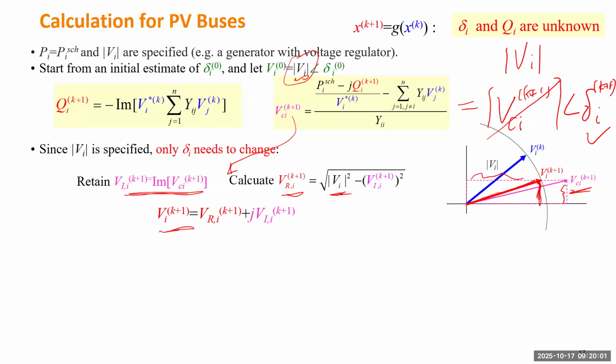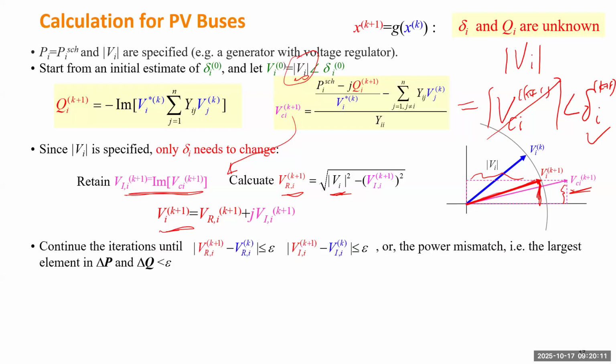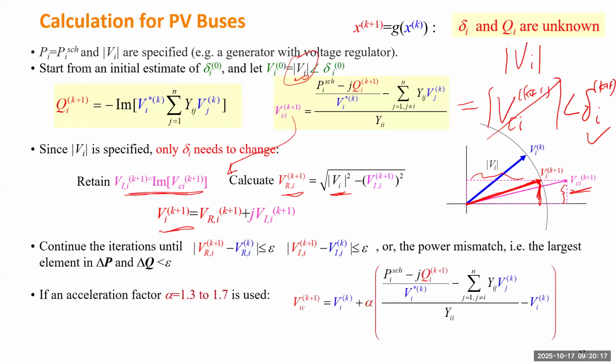This ensures the updated phasor stays on the same circle, with the same radius equal to the absolute value. So you just continue this process until the update is less than the error tolerance.